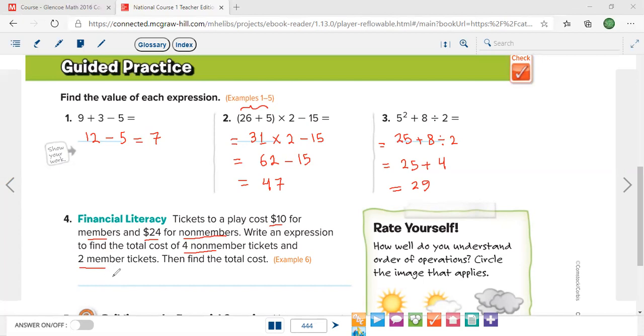So 2 members means 2 times 10 plus 4 non-members means 4 times 24. 2 times 10 is 20. 4 times 24 is 96. Then we add 20 and 96. This will give you $116.